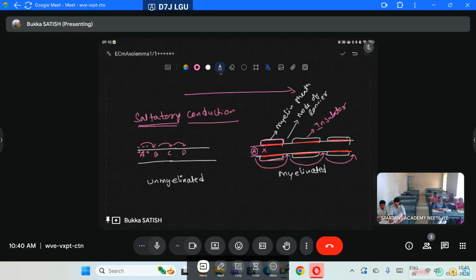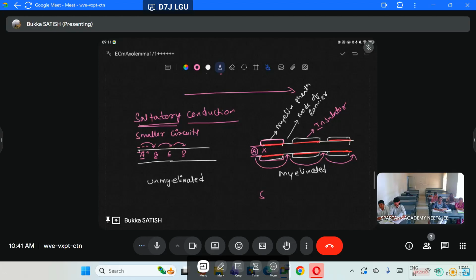So the difference between the non-myelinated and myelinated one is, here the conduction is taking place in smaller circuits, from this point to this point, this point. But here there is a jump in the conduction from this point to this point. There is a jump.